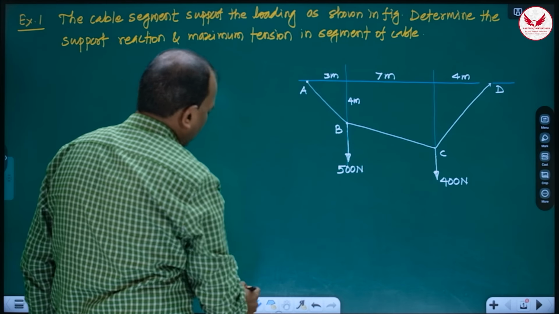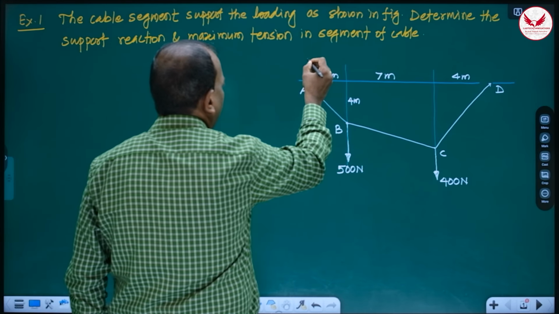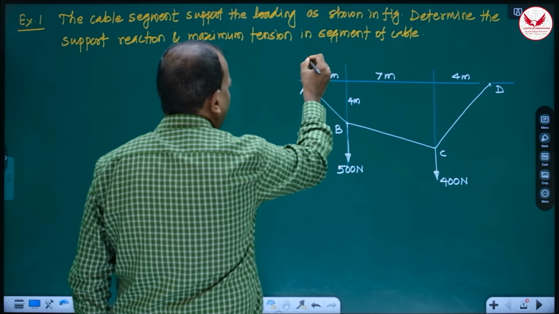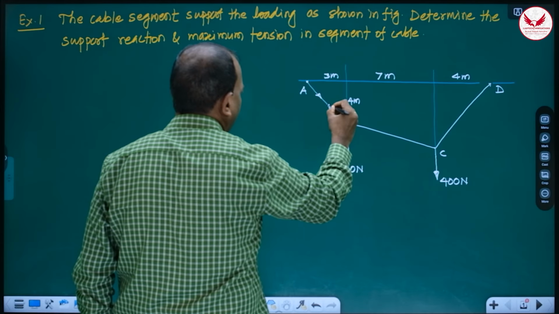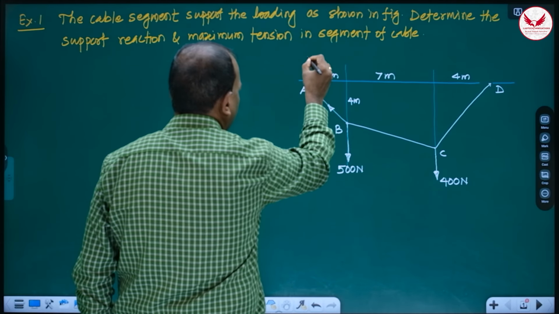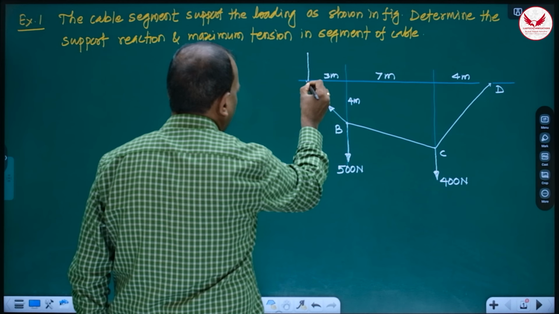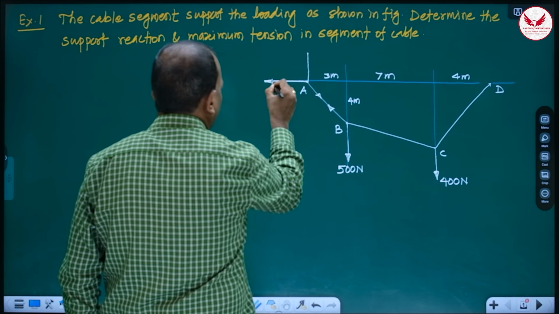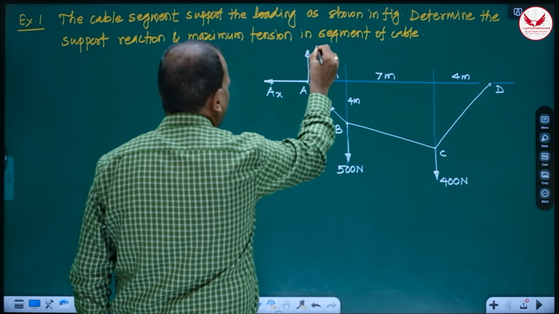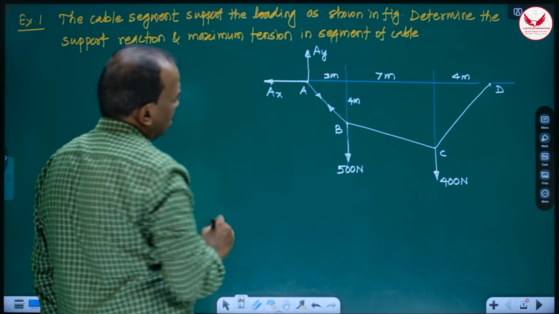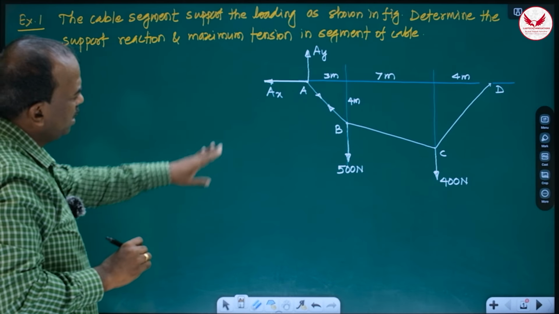Once you remove the support at A, as AB is a tensile element, the force will be away from the joint. So AX is going to be away from A, and AY is also going to be away from A. Means there is no chance of making any mistake in the direction.